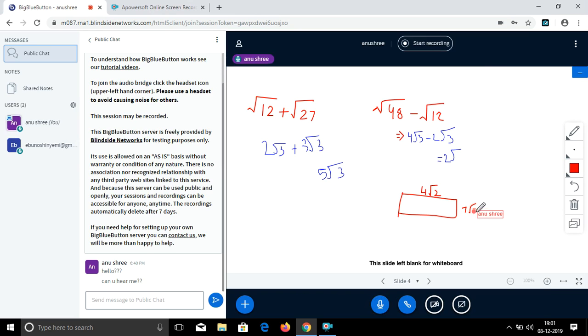Find the perimeter of this rectangle. So this is a rectangle, and you have to find the perimeter of this rectangle.